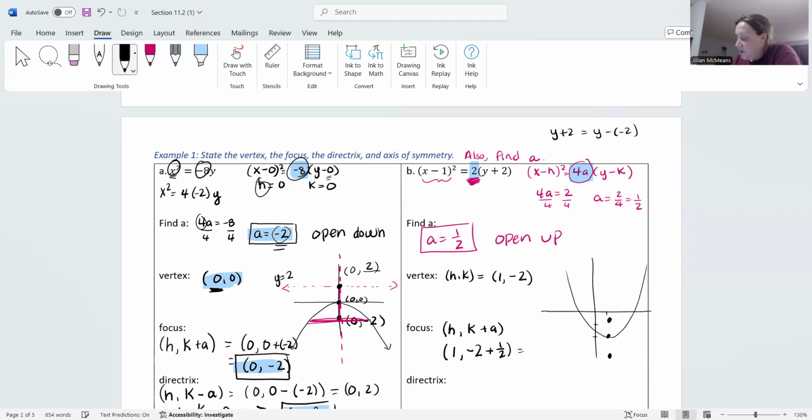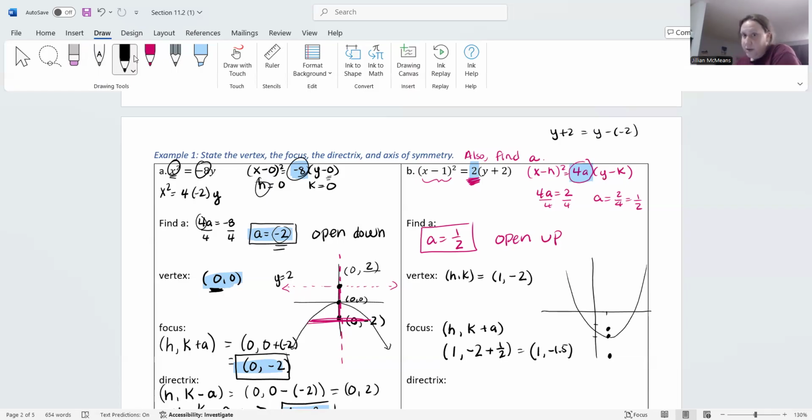So what is that going to give us? Well, that's going to give me (1, negative 1.5). More officially, you'd see it as negative 3/2, but you can use negative 1.5 if that helps. So let's think about what that's going to look like. That's going to put me down here. It's pretty close to the vertex. So that's my focus, (1, negative 1.5).